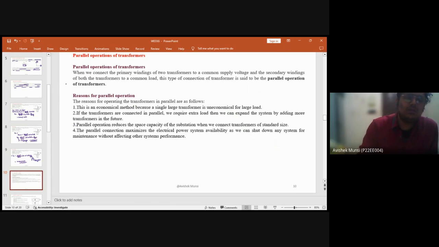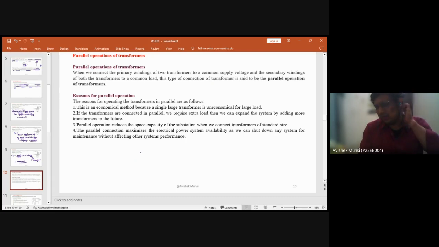We use this in power systems. When we connect the primary windings of two transformers to a common supply voltage, and the secondaries of both transformers to a common load, that kind of situation is called parallel operation of transformers.